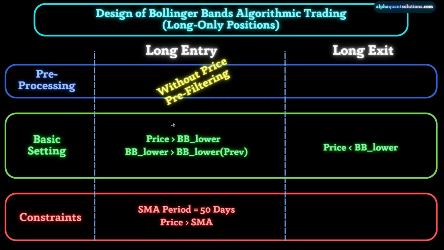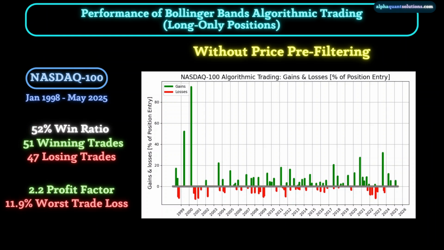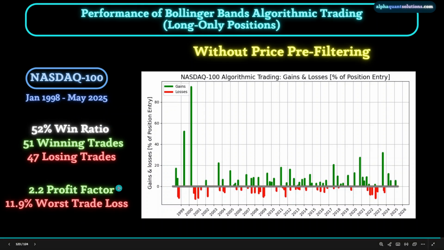What would that deliver if we were to apply this again to the Nasdaq-100? This is what we see: without price pre-filtering, for the same time period, from January 98 until May 25. And here are the results.